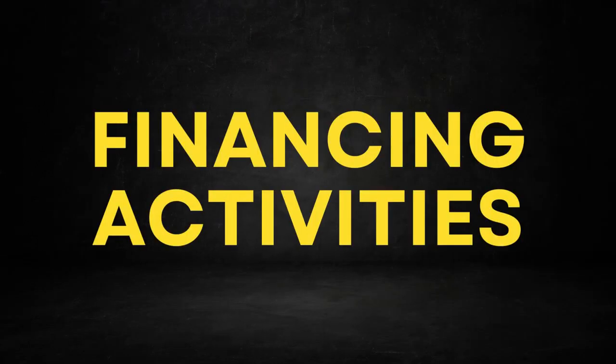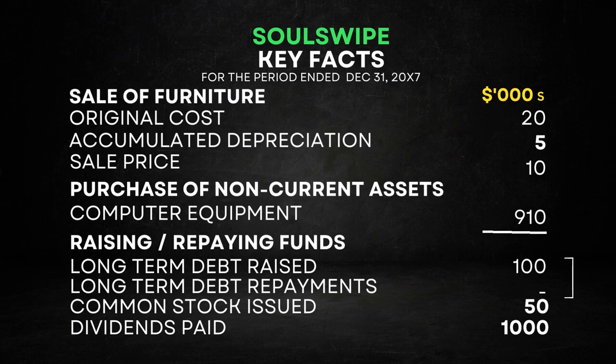Finally, we analyze cash flow from financing activities, which involves cash inflows and outflows related to funding the business. SoulSwipe raised $100,000 in cash from long-term debt, issued $50,000 in common stock, representing a capital contribution, and paid out $1 million in dividends. These transactions affect the cash flow from financing activities.